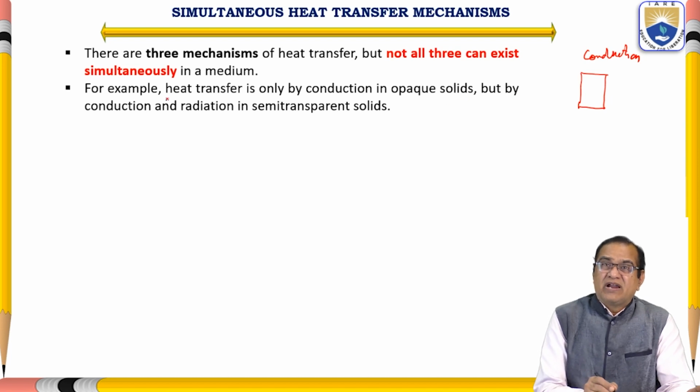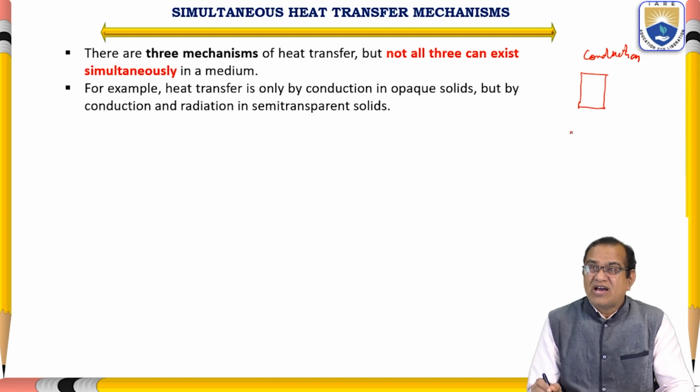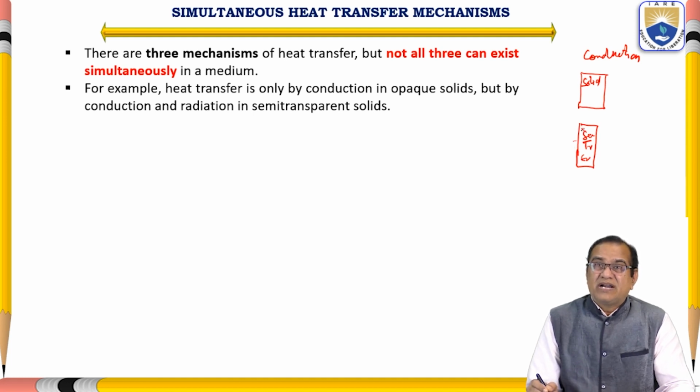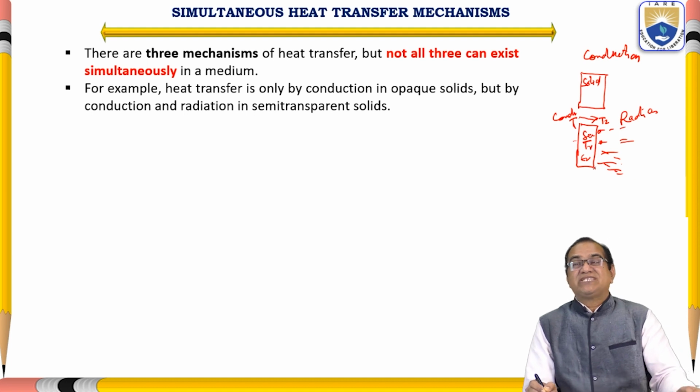But if the solid is semi-transparent, heat flows from T1 to T2 by conduction, and after this it will emit energy, which is radiation.